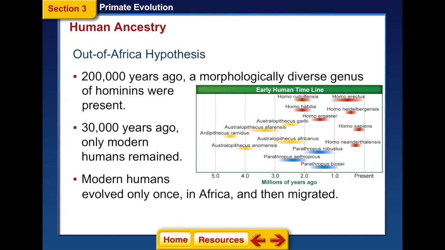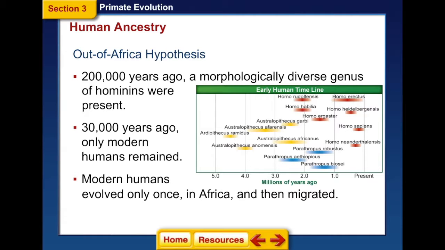Now we have something known as the out of Africa hypothesis, and this hypothesis states that about 200,000 years ago, a morphologically diverse genus of hominins were present. This means that we have several hominins. Again, keep in mind that hominins are not as simple as chimpanzees or gorillas or orangutans. These were more advanced apes, more similar to us than to those other apes.